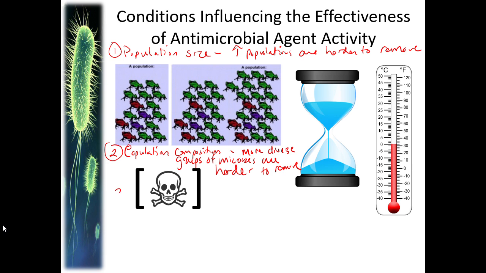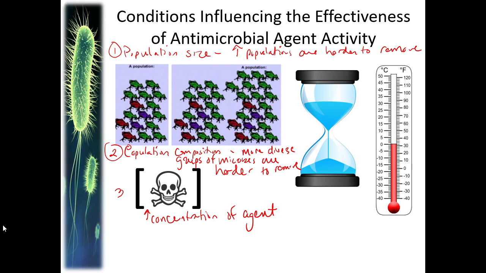Here's number 3. What do the square brackets mean again? Who remembers? Yep. So here we're talking about concentration of our agent, the thing we're using. What do you think is going to be more effective typically? A high concentration of agent or a low concentration?